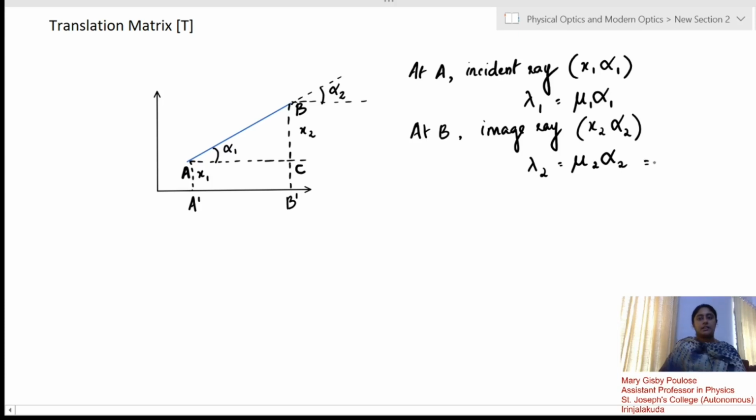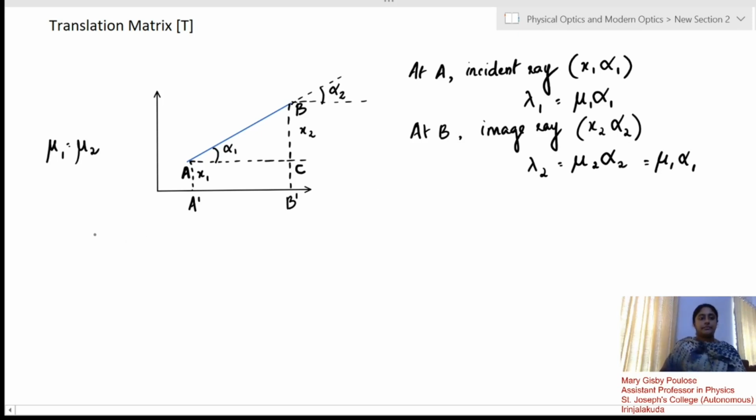Hence, mu 1 will be equal to mu 2. Now, the angle alpha 1 is also identical to alpha 2. Hence, direction cosine lambda 2 can be written as mu 1 alpha 1.